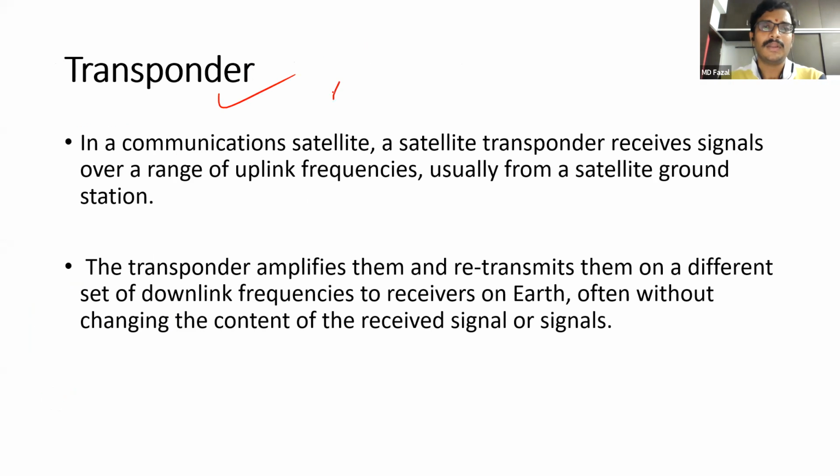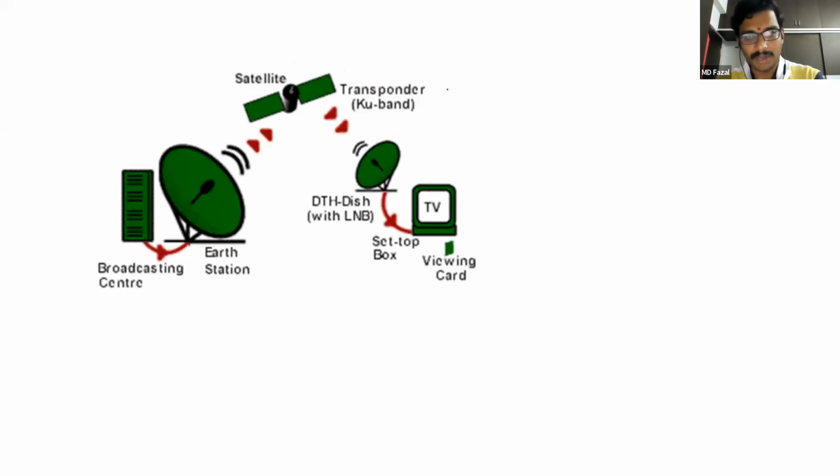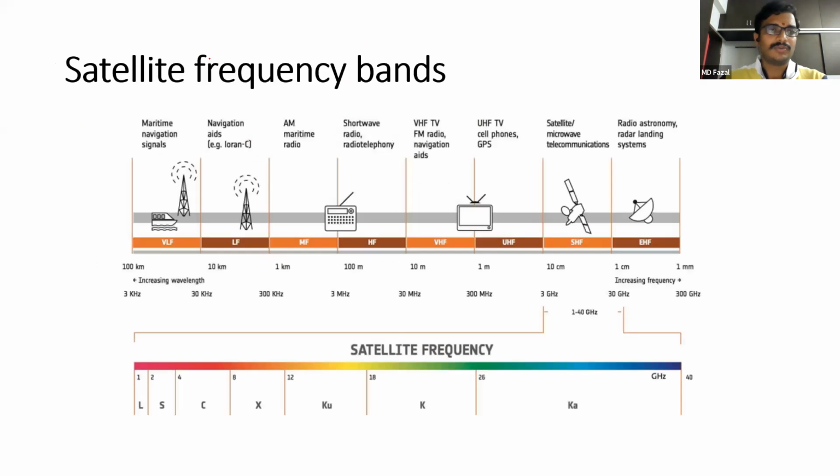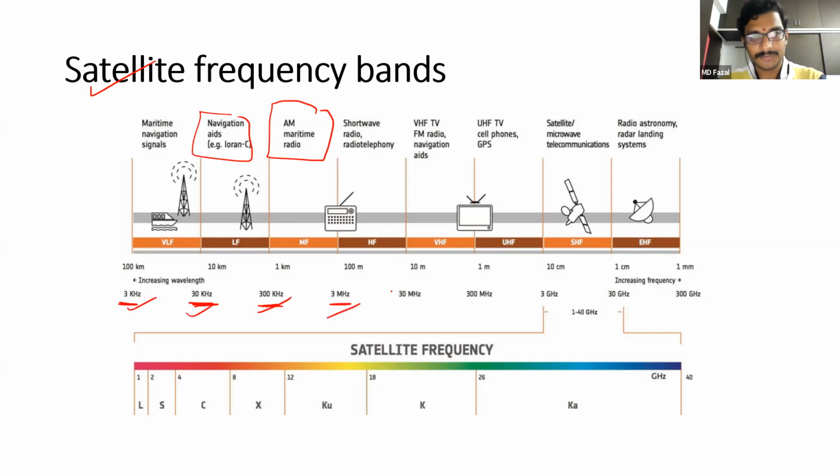Amplification is done by transponders. Then we saw different bands with respect to satellite frequencies. A variety of frequencies will be there, from 30 kilohertz, 300 kilohertz, with different applications in different frequencies.